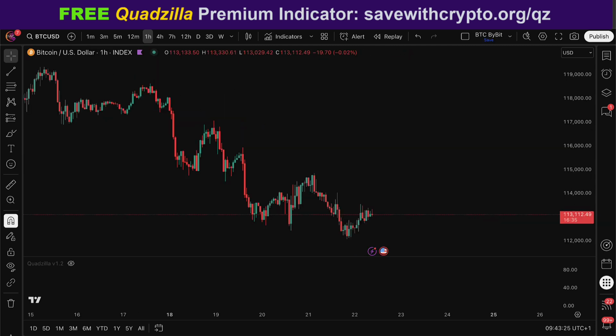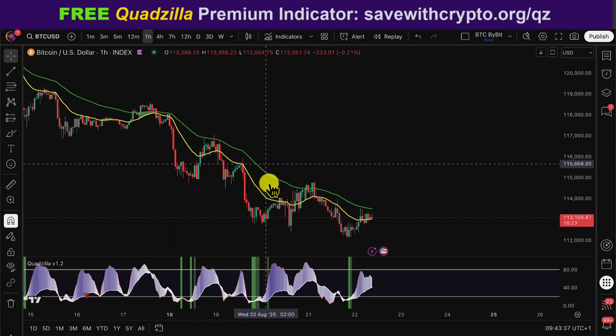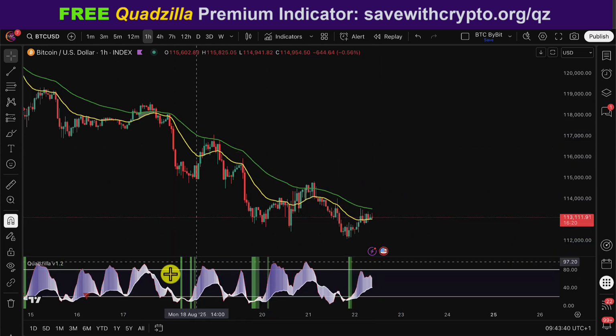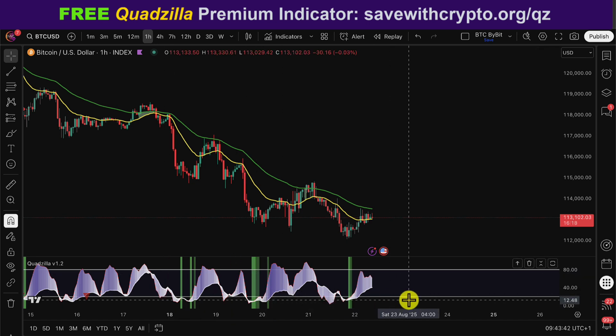So let's pop on the moving averages that I like so much. Now, the moving averages are now part of the Quadzilla indicator, so let's just do that. As well as adding these moving averages here, it also adds the momentum oscillator down here.